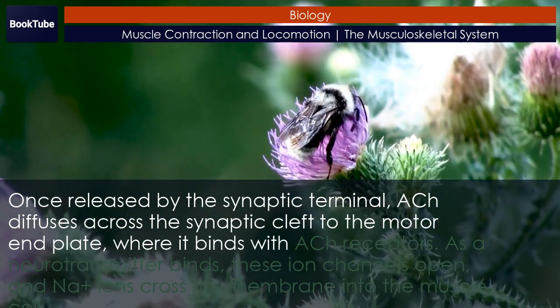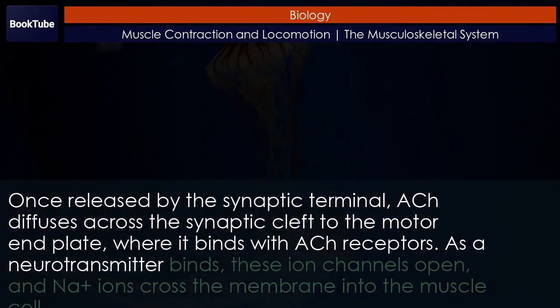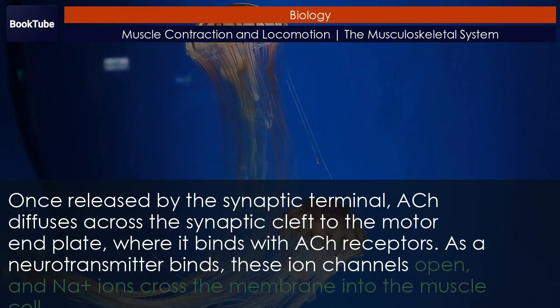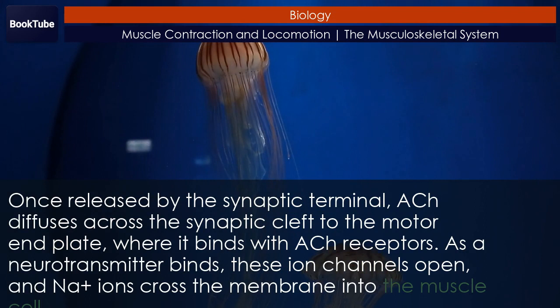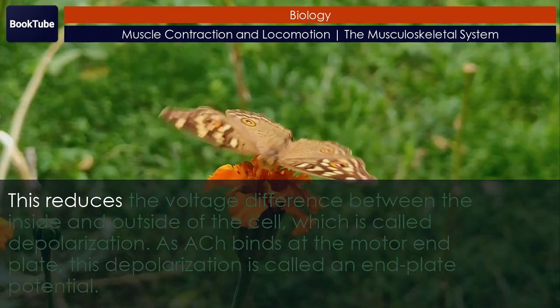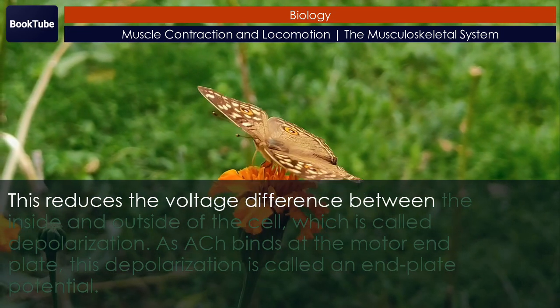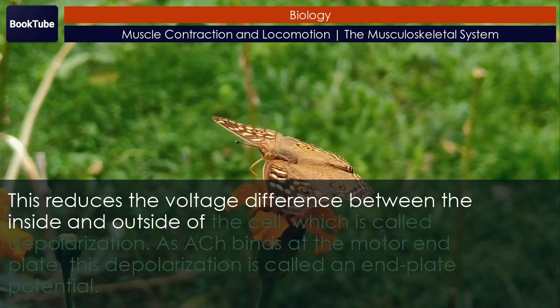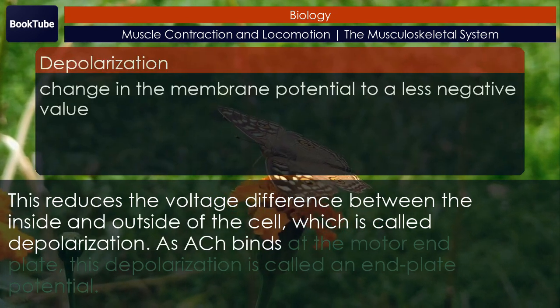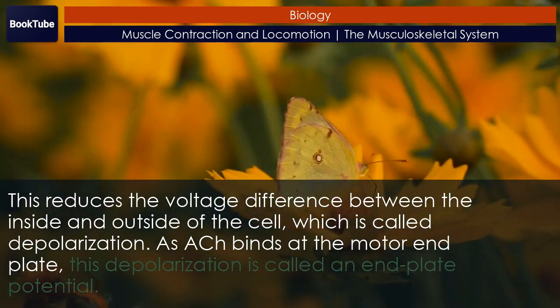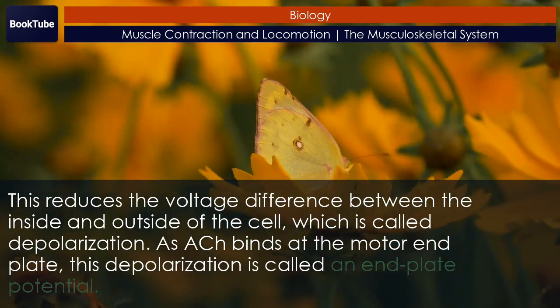with ACh receptors. As a neurotransmitter binds, these ion channels open, and Na+ ions cross the membrane into the muscle cell. This reduces the voltage difference between the inside and outside of the cell, which is called depolarization. As ACh binds at the motor end plate, this depolarization is called an end plate potential.